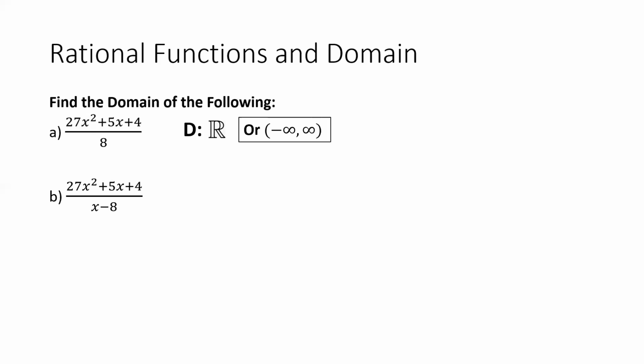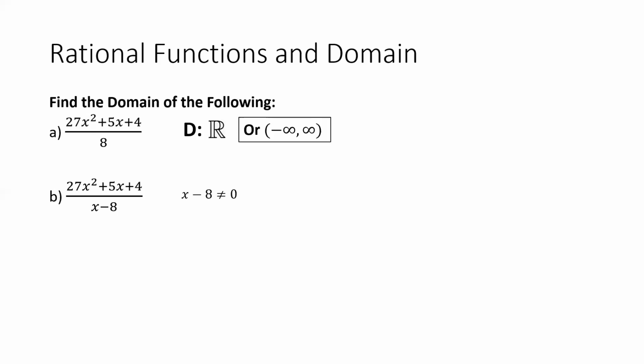When we have a rational function, we want to avoid dividing by zero. And so even though the domain is everything that x can be, we kind of talk about it in an opposite way. We find what x can't be, and then talk about how x can be everything but that. And so we find those values that x can't be by setting the denominator equal to zero and solving.